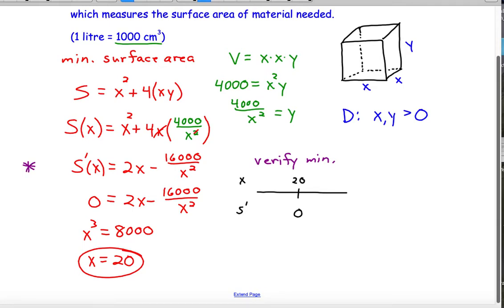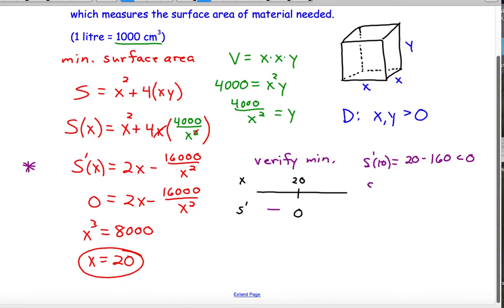If I plug in, for example, 10, I'm going to get 20. So let's stay organized here. s prime of 10 is going to be 20 minus 16,000 over 100, which is 160. So that's a negative number.